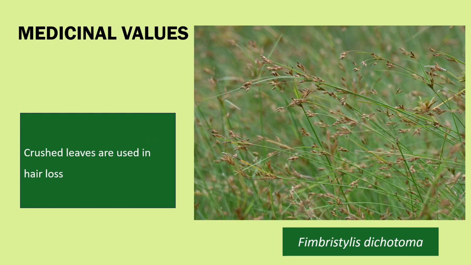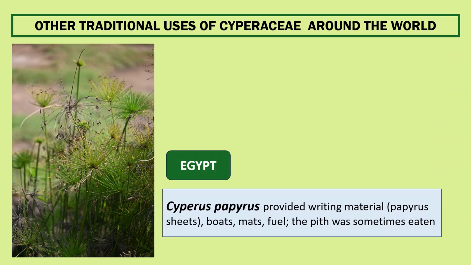Next plant is Fimbristylis dichotoma. So the leaves of this plant are used in hair loss. Again, let's see the different plants that are used all around the world for different purposes or other ethnobotanical uses. Like I said, Cyperus papyrus is being used as a writing material or to prepare paper.